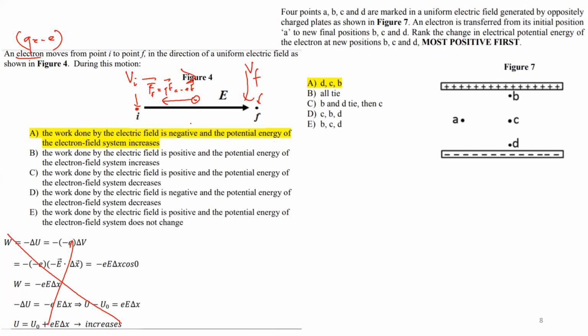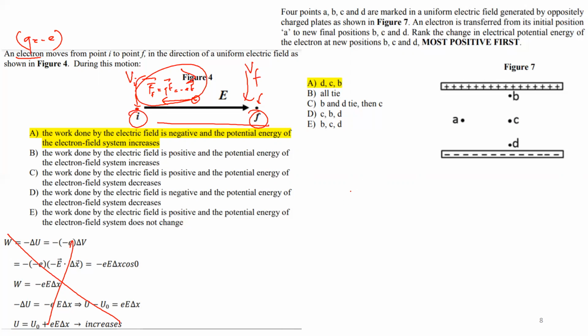I am pushing the electron from this initial to this final state to overcome the work of the electrostatic force. And the question is very simple. During this motion, how does the work of the electric field behave? Is the work of the electric field positive or negative? And the potential energy, does it increase or decrease?